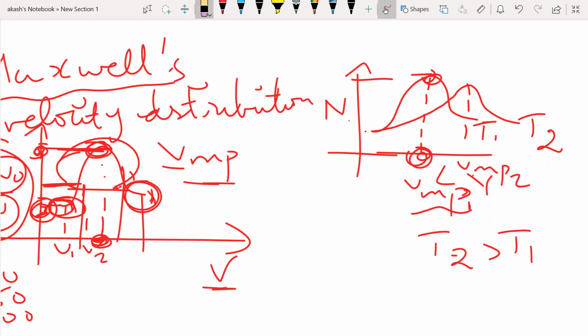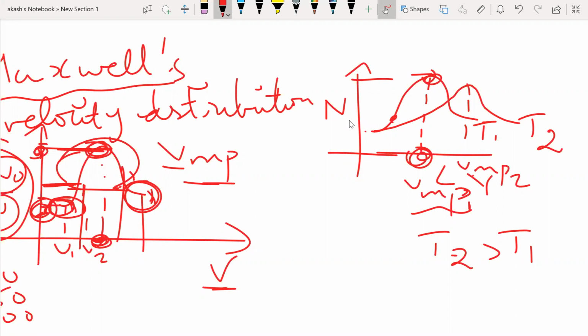It has to start somewhere here. Where is the undo button? Okay, thank you. So the graph should have actually started from somewhere here. That would have been better. But what you have to understand is if I increase the temperature, the minimum velocity, maximum velocity, as well as the most probable velocity would all have increased.